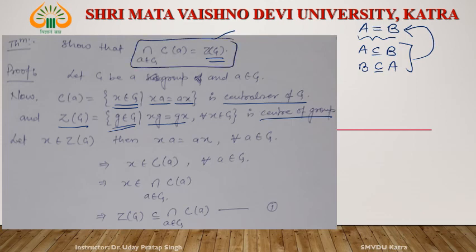Now let x belong to ZG. Then xa is equal to ax for all a, by definition.